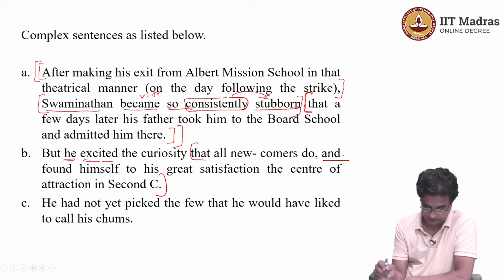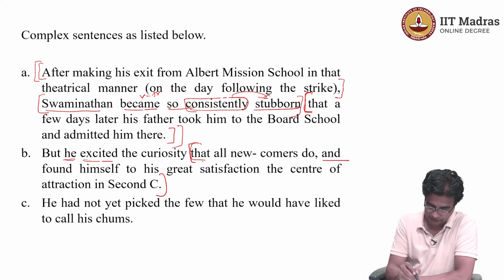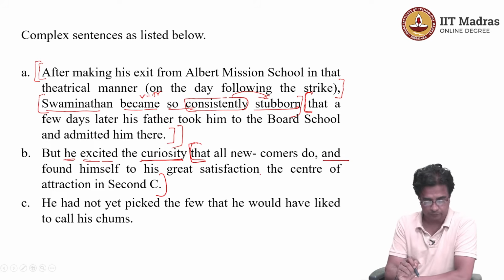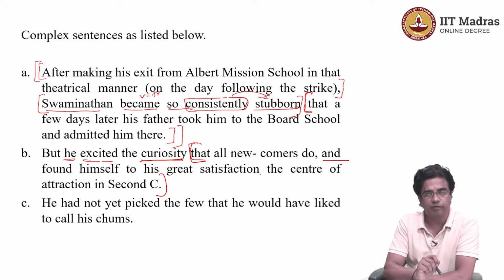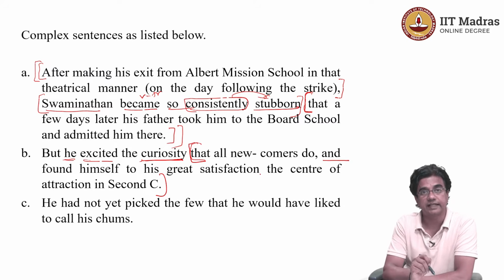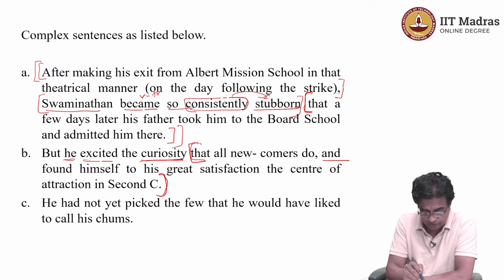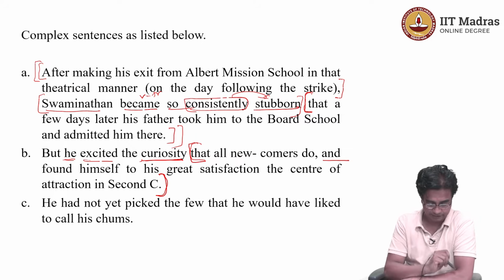Here it's connected with and, but this whole thing is a clause which is also modifying a noun. So find out the independent clause, that is the main clause, and see the function of this clause and its connection with the constituent in the independent clause.